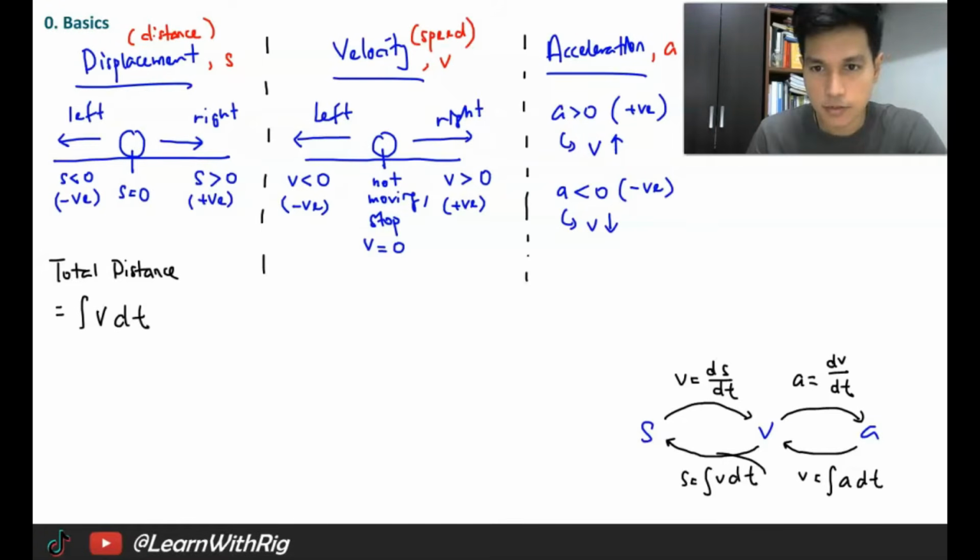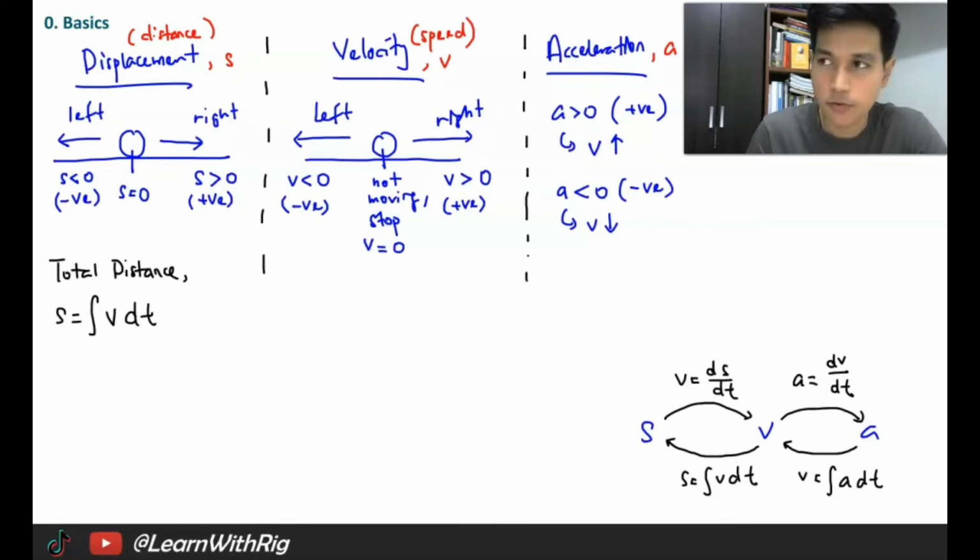Because you integrate v dt, you get displacement, right? So you want to integrate the whole journey. I'll show you later how to do it. Don't worry, right now if you don't understand, it's fine. I just show you all the formula so that later you will know what to do. So S equals the integral of v dt. This is the formula if they ask for total distance.